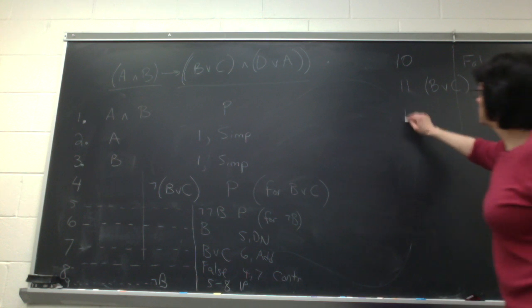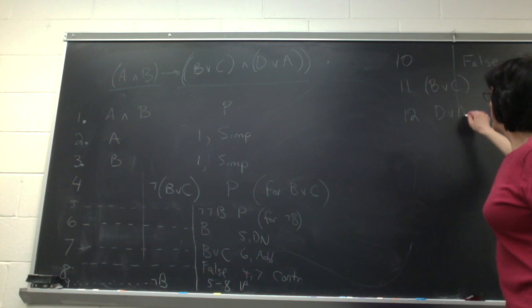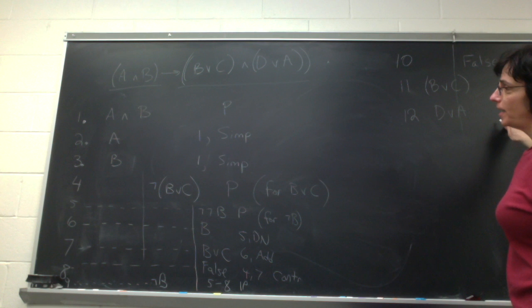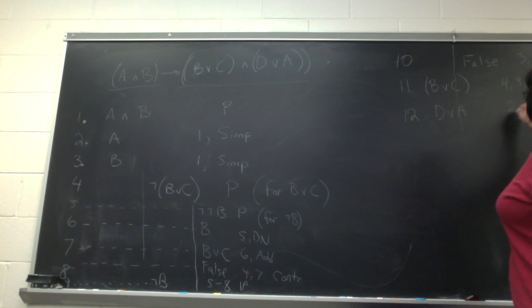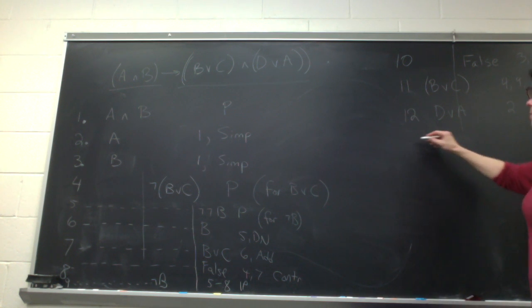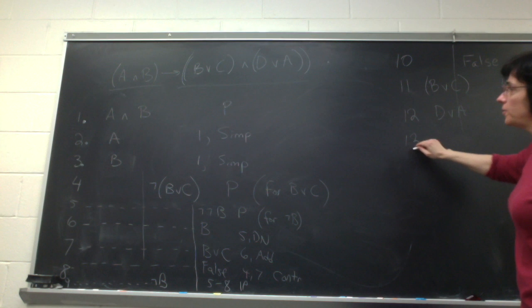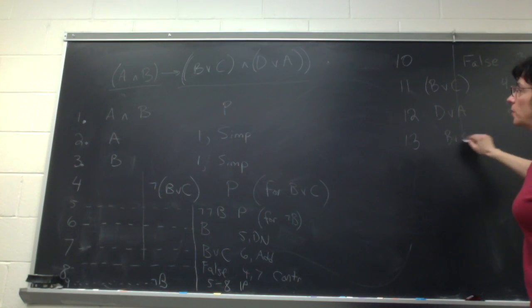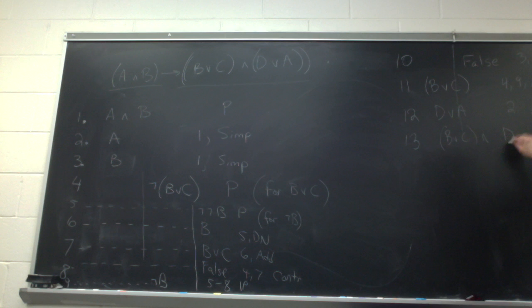Or I could get lazy and say D or A is based on line 2 and addition, right? If I want to be lazy. And I could finish out the proof the way we did before. So we've got 13, which is B or C, and D or A, which is lines 11, 12 in addition.